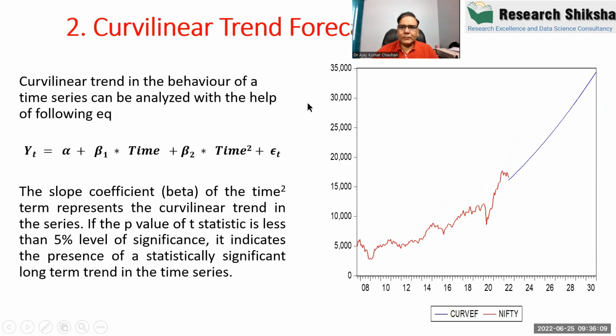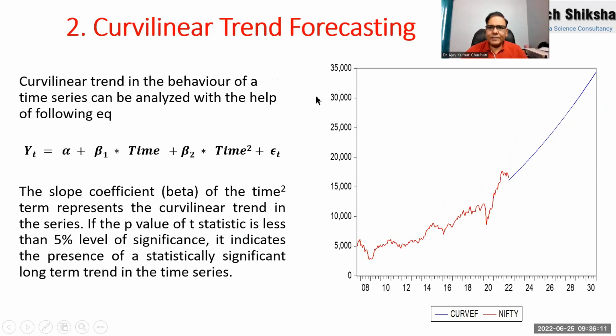Similarly, in curvilinear trend, we use the term time square. Up to simple time, it is trend. And if we add the time square into the equation, this beta 2 will capture the curvilinear trend. If beta 2 is positive, it means upward sloping curve. And if beta 2 is negative, it means curve is moving down.